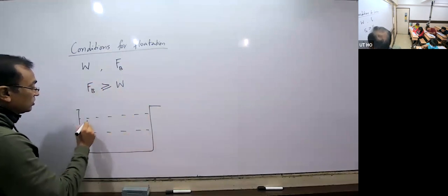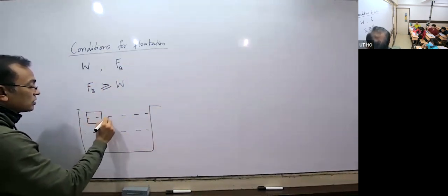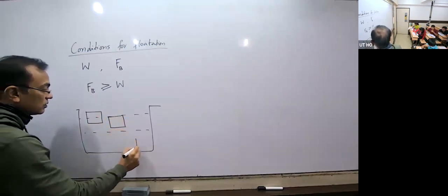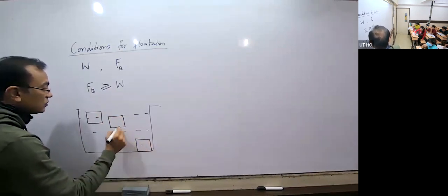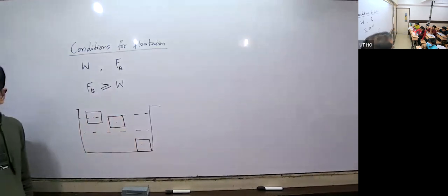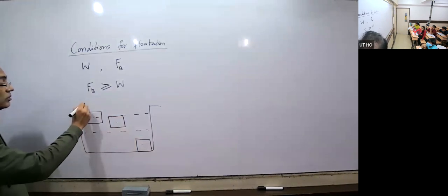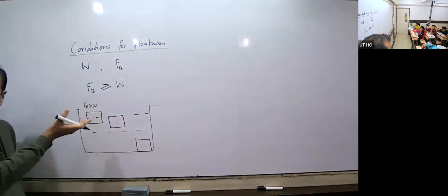So I am giving you three situations. This, this, and this. So what is this situation? FB greater than W, then it will hold it.